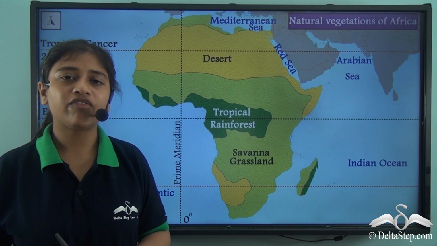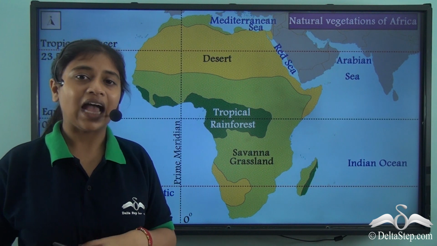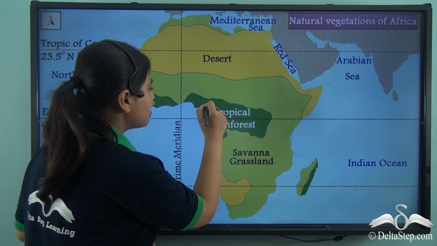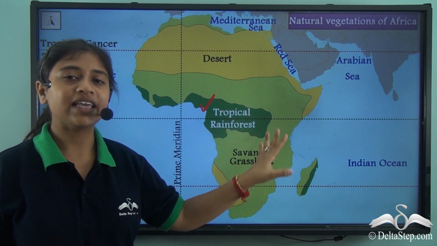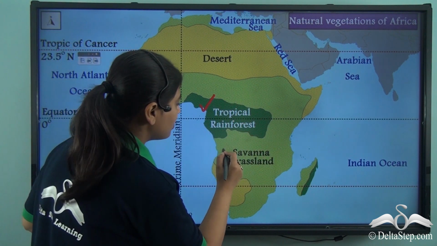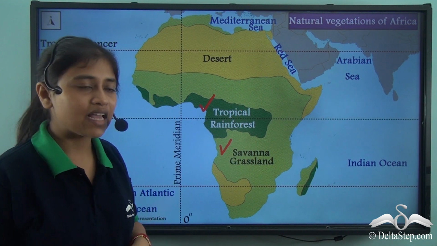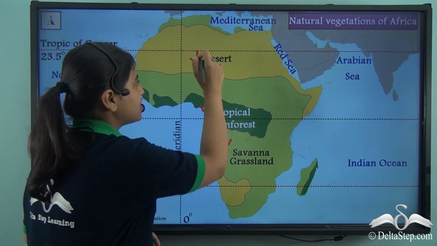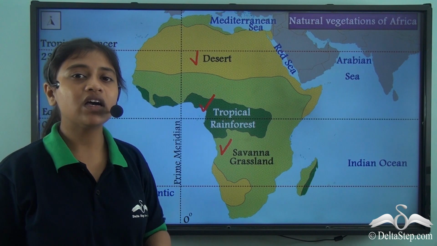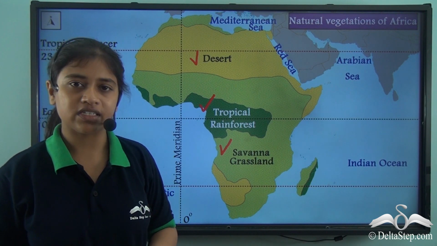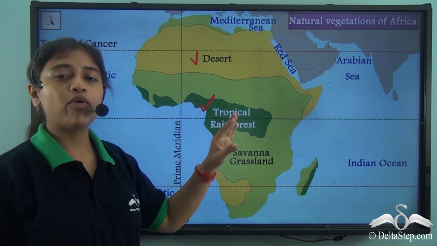Now, the continent of Africa has three major natural vegetation types, and this includes the tropical rainforest that lies mostly in the center around the equator, the savanna grasslands that lie north and south of the rainforest, and finally the desert regions that cover most of the northern portion and some parts of the southwestern part of the continent.